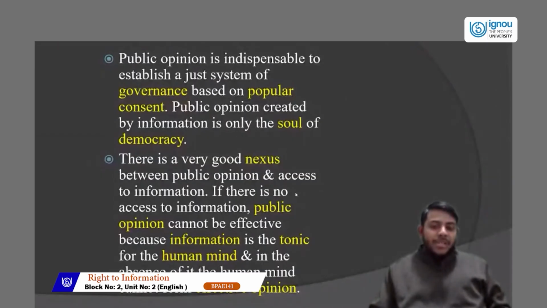If there is no access to information, public opinion cannot be effective, because information is the tonic for the human mind. Information has been described as the tonic for the human mind, and in the absence of information, the human mind cannot form an effective opinion.